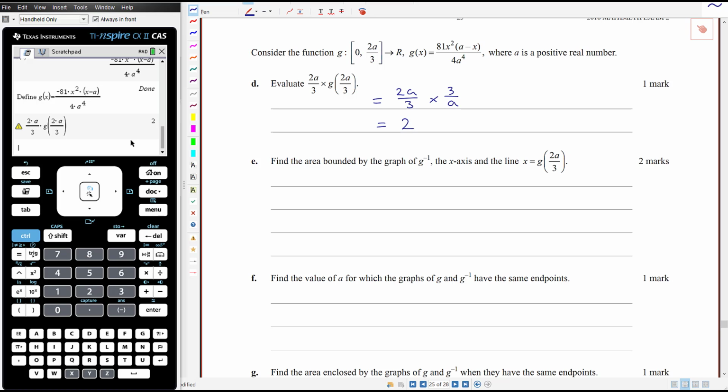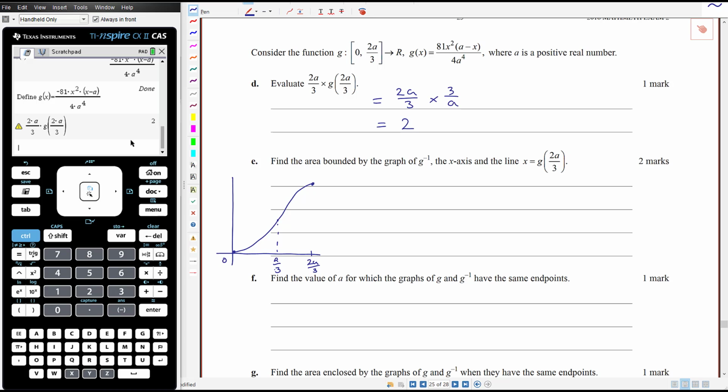Find the area bounded by the graph of the inverse of g, the x-axis, and the line x equals g of 2a on 3. Okay, let's think about it. Remember g of x is just this part of the cubic. Remember that's 2a on 3. This is 0. This halfway point was a on 3.